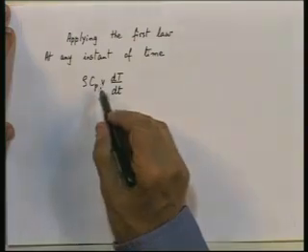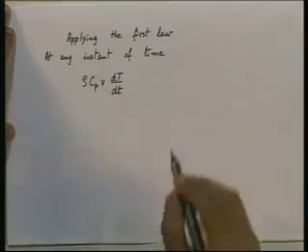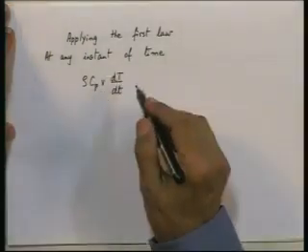Rho into V is the mass, Cp is the specific heat, dT/dt is the rate of change of temperature with respect to time. This is the rate of change of energy.